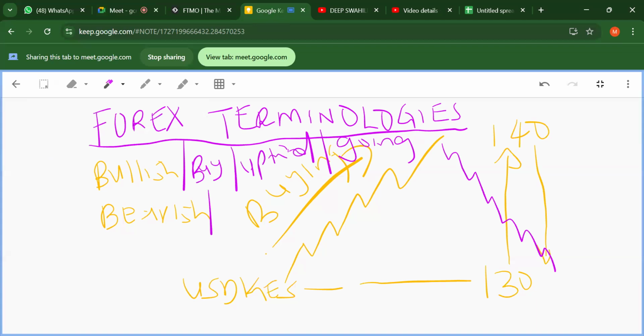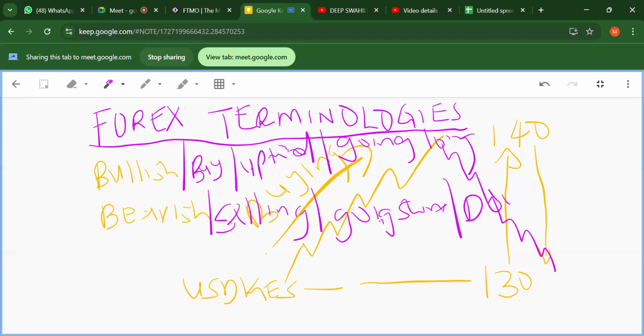Going short is the same as selling, same as bearish. Yeah, this is what we captured yesterday. Going short is the same as bearish, same as selling, same as down. Yeah. So that is what we covered.